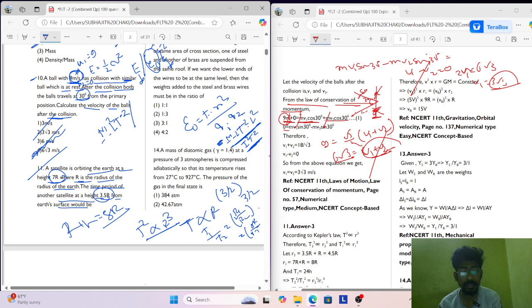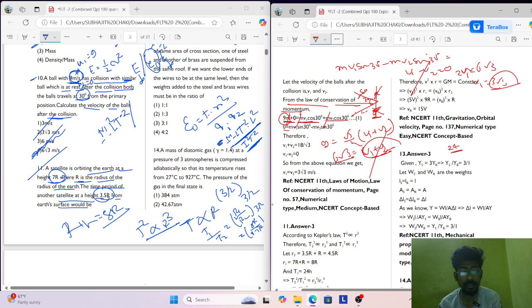Now, T1 is what? T1 is equal to 24 hours.